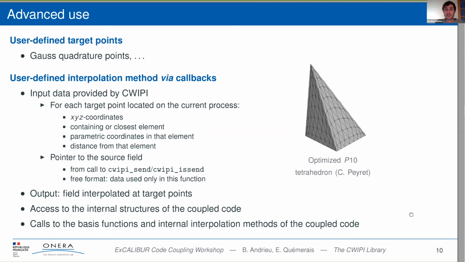So the user can use a customized interpolation method instead of the default one, and this is done using callbacks. So this allows for more advanced users great flexibility in developing high order or generic coupling schemes.